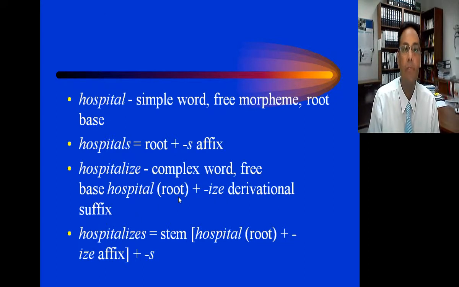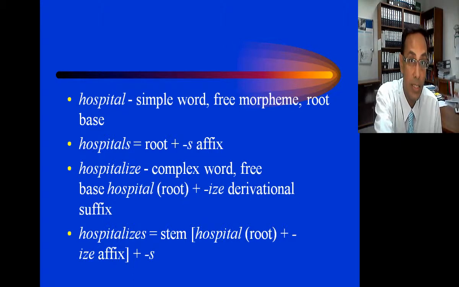Here we have the structure of the word hospital: simple word, free morpheme, root, base. Hospitals: the root word plus -s suffix, or affix. Hospitalize is a complex word. It is not a simple word; hospital is a simple word. It is complex because we have the affix or suffix -ize.